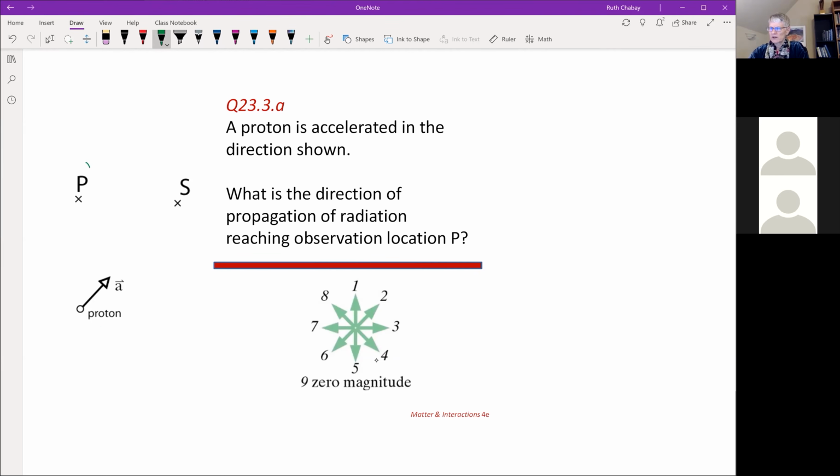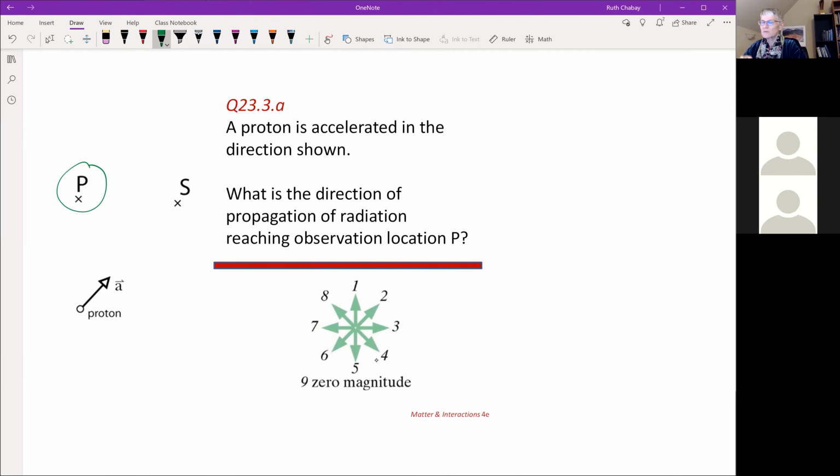And our observation location is P. And the first question is, what is the direction of propagation of radiation reaching this observation location P? So what does direction of propagation mean? Direction of propagation is the direction that this pulse of electromagnetic radiation is traveling to get to your observation location, right? So what's the answer?